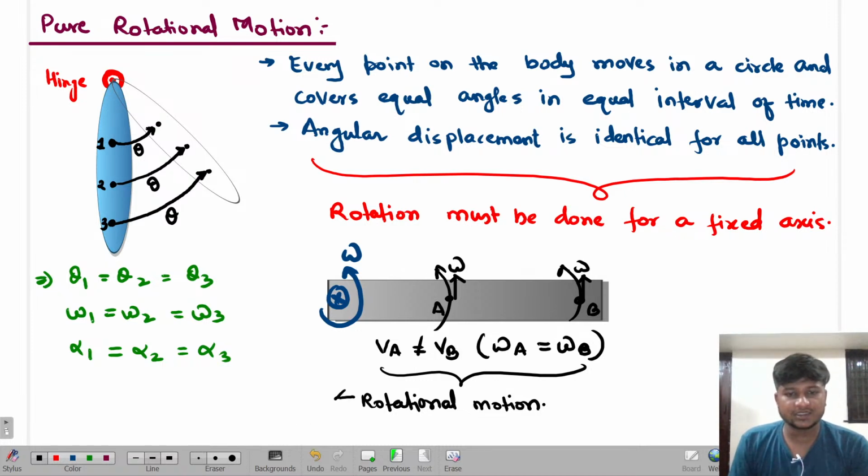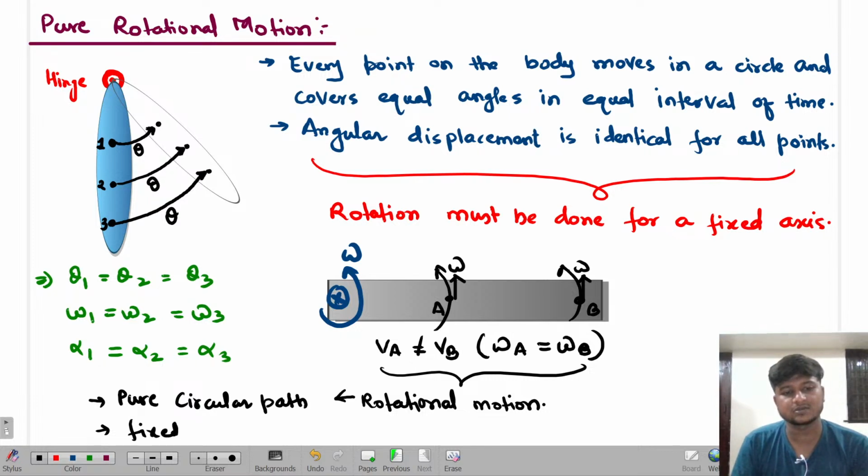So the necessary condition of rotational motion is a pure circular path. First point, and second point is a fixed axis of rotation.